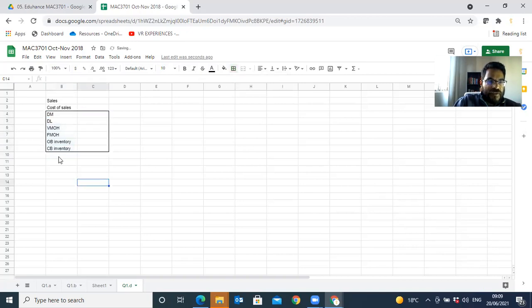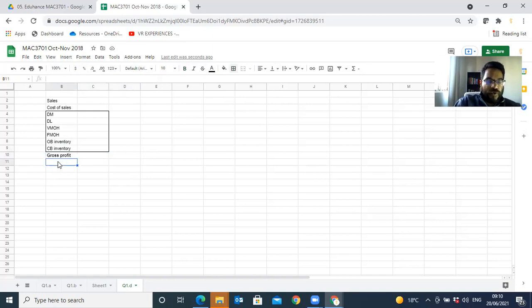So now that we have cost of sales, we will now be able to say sales less cost of sales will give me gross profit. Okay, now that we have gross profit, now we can take other costs into account.